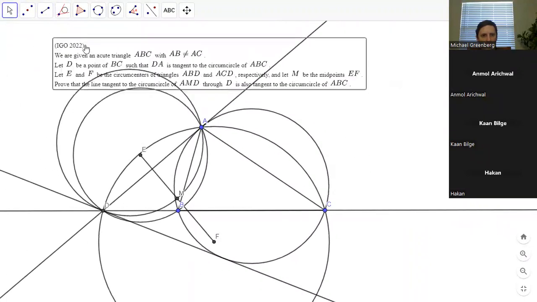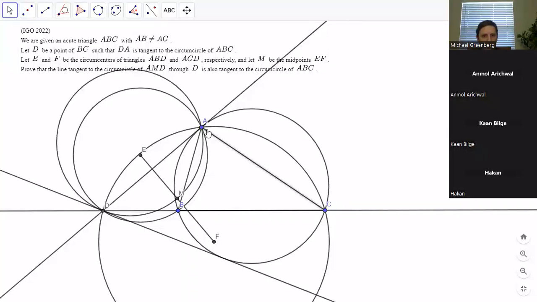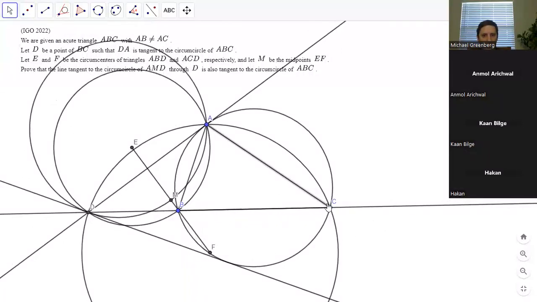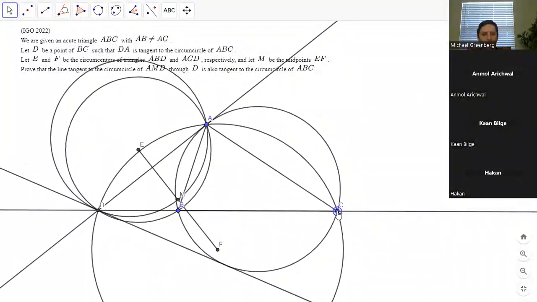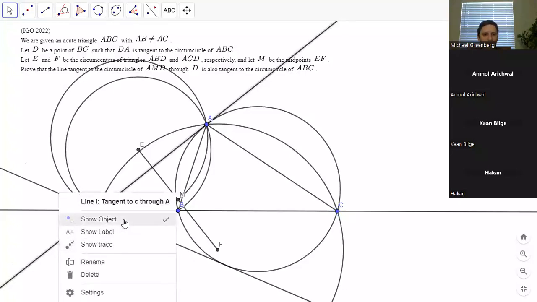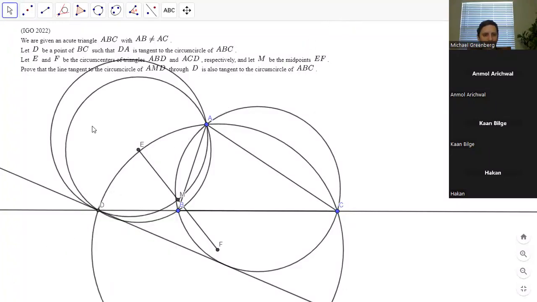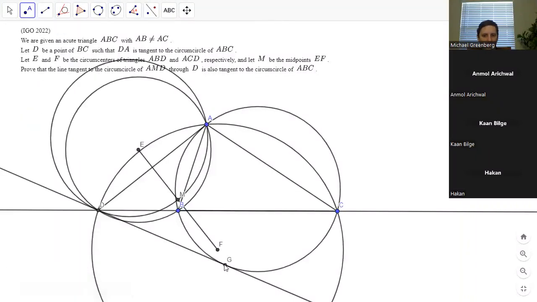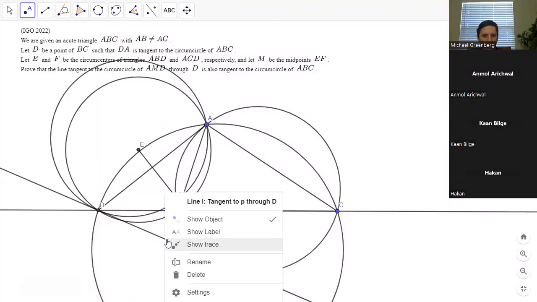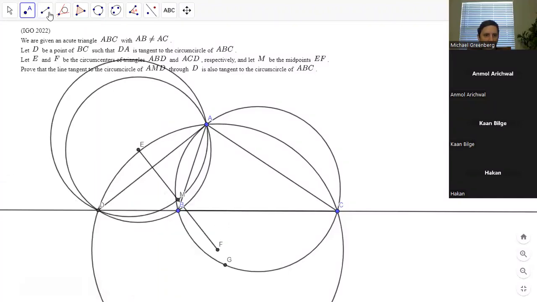So yeah, I think this is intermediate instead of advanced, but I'm not sure. Oh, is this the beginner round or is it intermediate? Let's see.